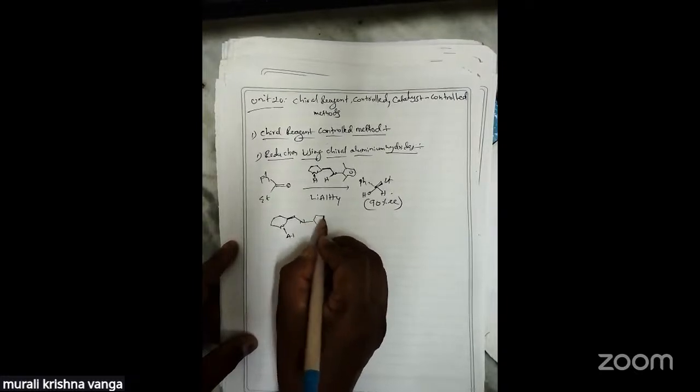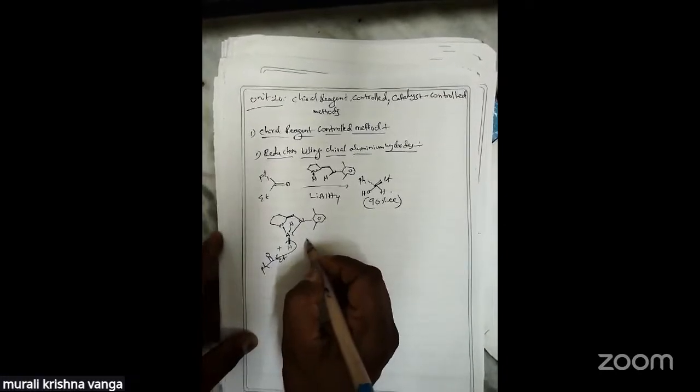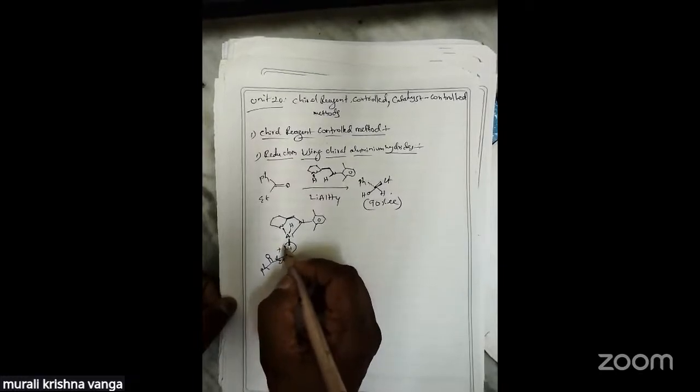The mechanism is that the attack, from the less hindered transition state, takes place on the bottom face of the carbonyl carbon.